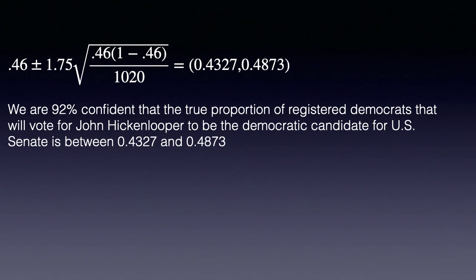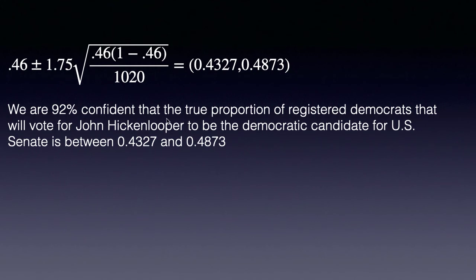So the idea now is, what does this interval mean? We just have to remember that a confidence interval is the level of confidence we have that the interval contains the mean. Our level of confidence in this case was 92%.